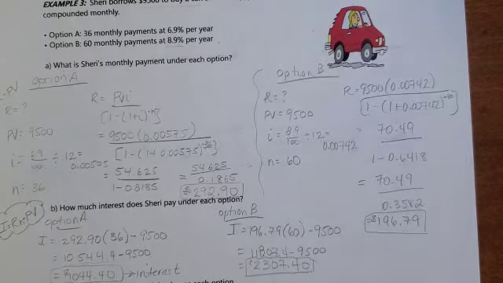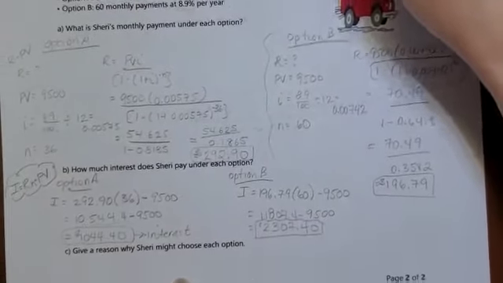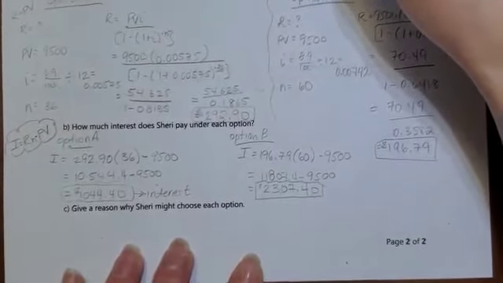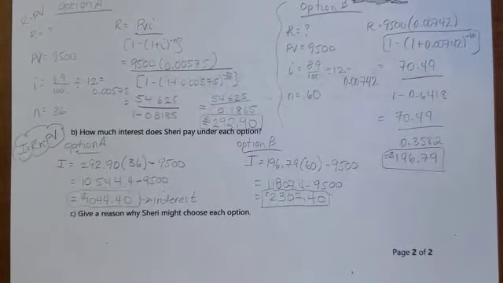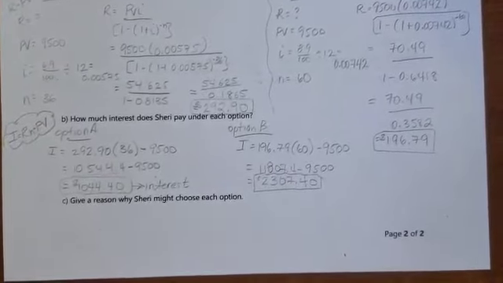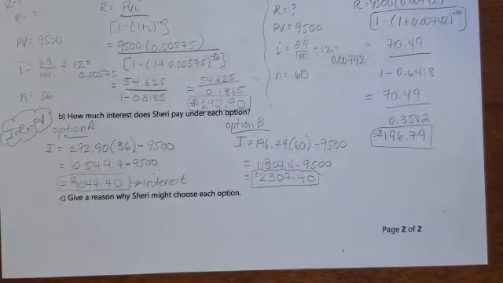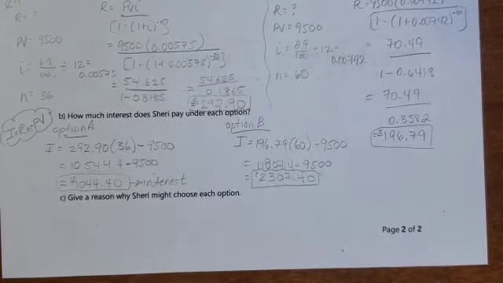So if we look at C, give a reason why Sherry might choose each option. So why would one choose option A versus option B? Well, definitely for one, you pay less interest. And if you're able to, you can pay it off in a faster time. So if you can make that monthly payment of $292.90, you'll only be paying this for 36 months.